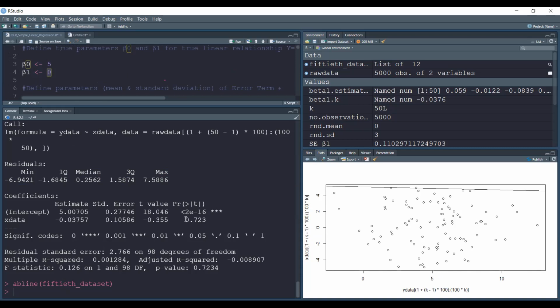And look, the t statistic is quite close to 0. In fact, it has a p-value of around 75%, so you would not reject the hypothesis. What is the hypothesis? That there's no relationship between the predictor variable, your input variable, and the response variable y.